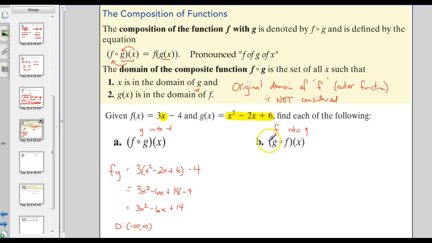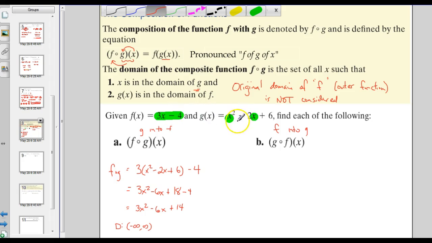Alright, now put f into g. Now, 3x minus 4 is going to replace each of these x's. So every time I see an x in g, I'm going to replace it with all of this function.